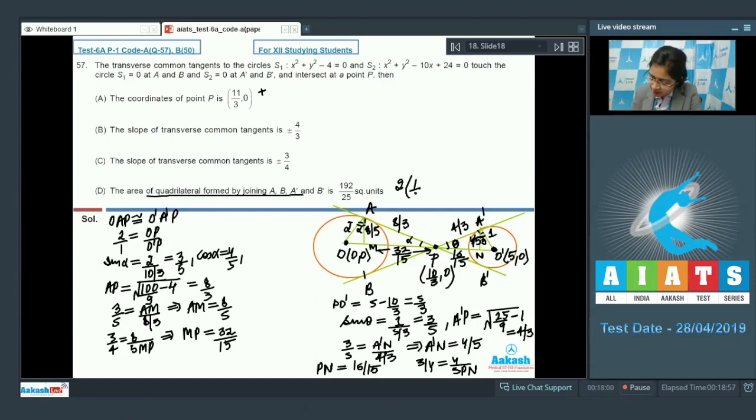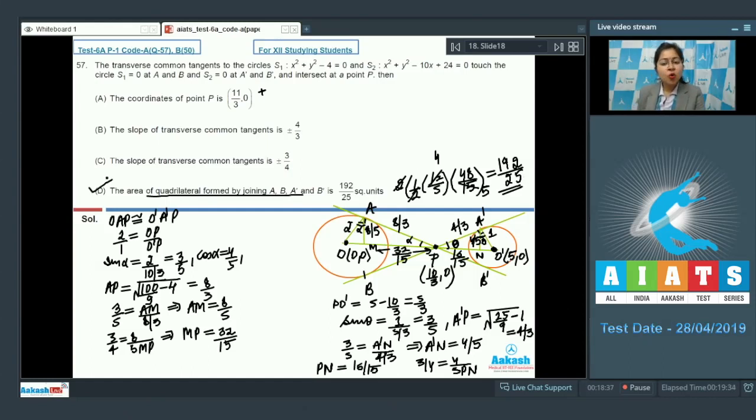So that will be equal to half into sum of parallel sides, that is 8 by 5 plus 4 by 5, that is 12 by 5, into distance between them, that is MN, that is 32 by 15 plus 16 by 15, that is 48 upon 15. Cancelling by 3, we will get 5, 4 and we will get 192 upon 25 square units. So option number D is correct answer.